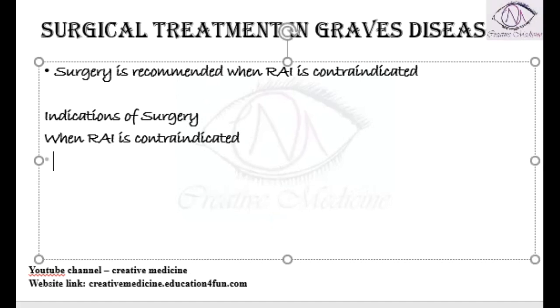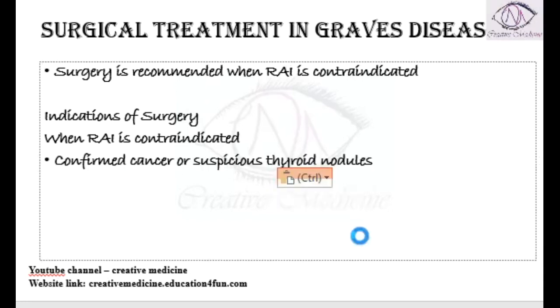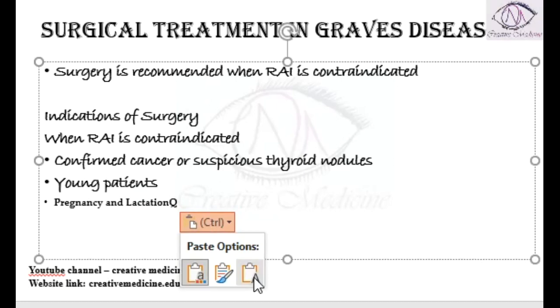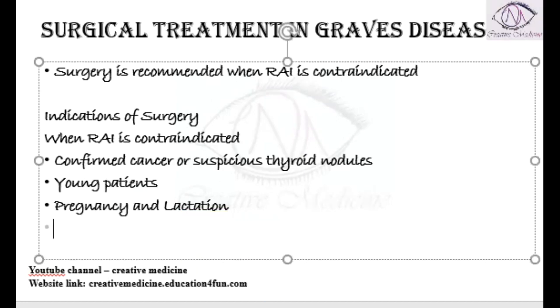if the patient has a confirmed cancer or suspicious thyroid nodules, or in younger patients we cannot do radioactive iodine therapy. If the patient has pregnancy and lactation, we don't do radioactive iodine therapy.